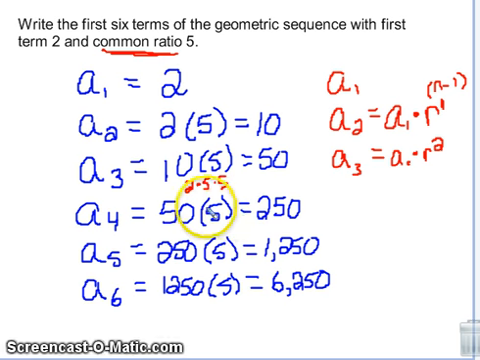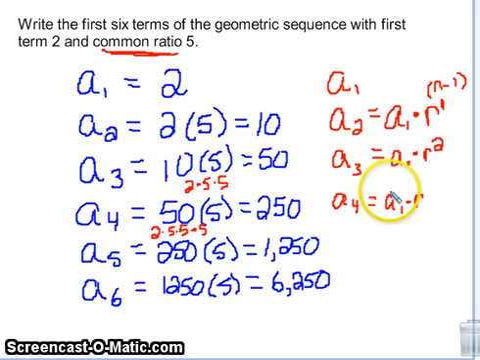If we look at a sub 4, this 50 is 2 times 5 times 5. And in order to get our a sub 4, we have to throw in one more 5, right? See where that's coming from? So our a sub 4 is a sub 1 times r to the 3rd. Some of us like to see where that formula actually comes from. So you see the connection there?